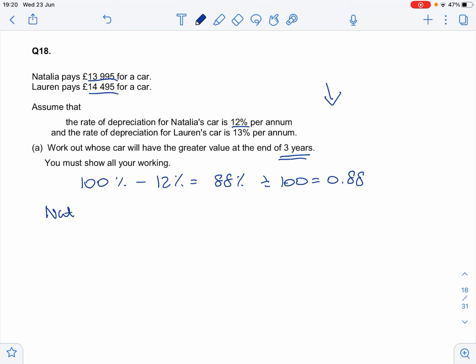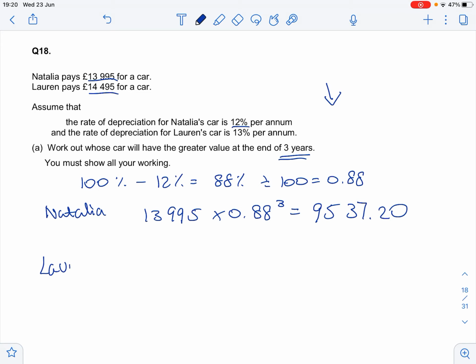So for Natalie's car, after 3 years, would be 13995 multiplied by 0.88 to the power of 3. At the end of 3 years, Natalie's car would be 9,537.20, whereas Lauren's, again, work out the decimal multiplier.